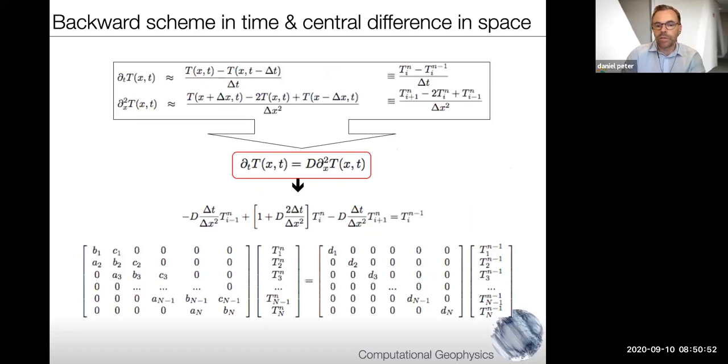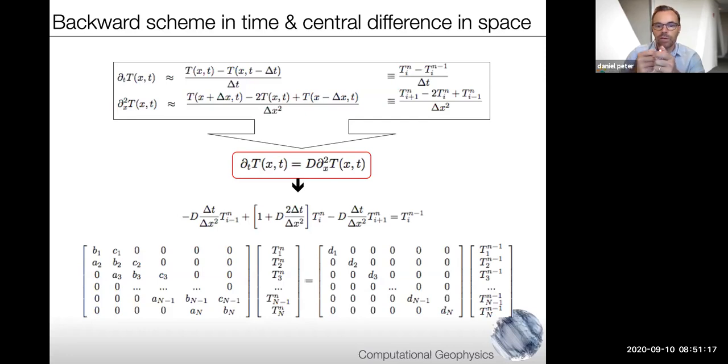And you see that the temperature at time n at position i depends now as well on the temperature at time n of your neighbors i plus 1 and i minus 1.